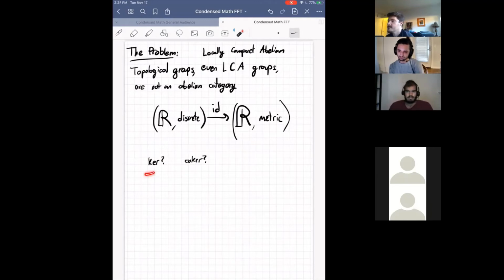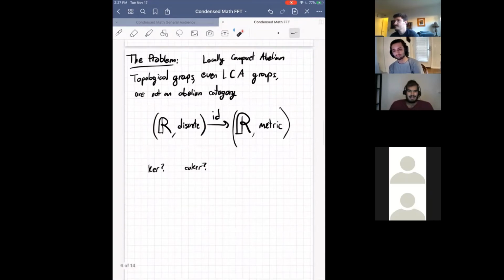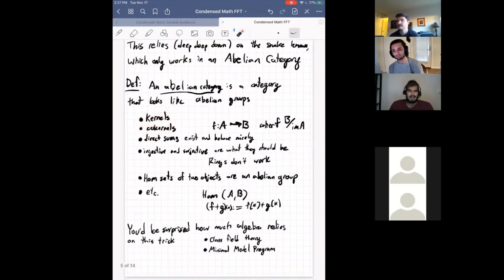But now I want to ask you, what is the kernel of this map? What is the co-kernel? I don't know if you look at this map and you say, oh, this is a surjective map, this is an injective map. What should its kernel be? What should its co-kernel be? I don't know about you, but none of those things are obvious to me. So we don't have kernels and co-kernels working out just like abelian groups.